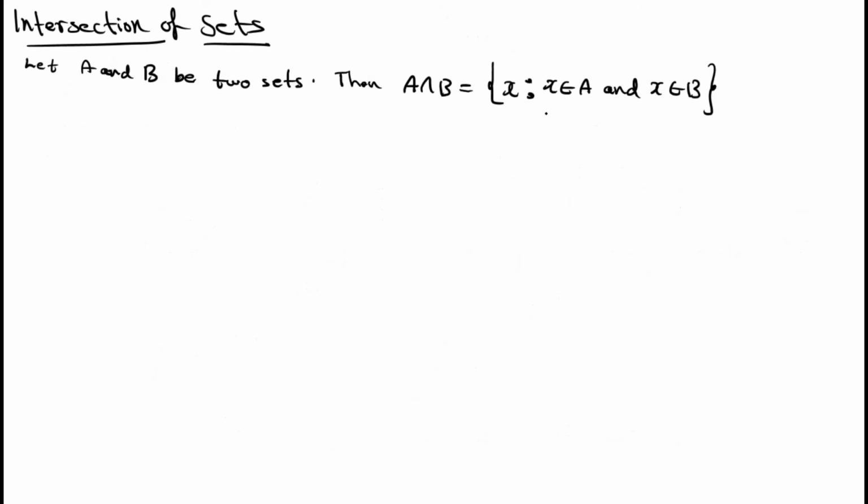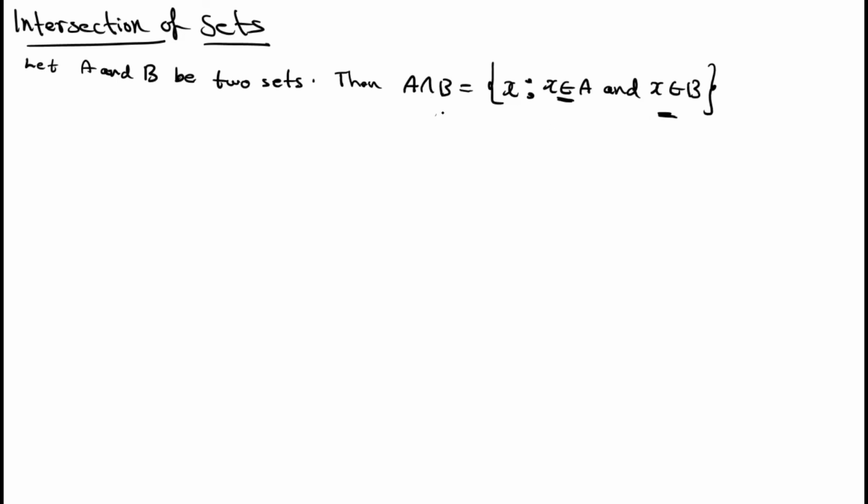Okay, then A intersection B is equal to the set of all x such that x belongs to A and x belongs to B. Okay, intersection of two sets is nothing but you need to write the common elements in A and B. Okay, x belongs to A, that element belongs to A, and that element belongs to B. You need to write the element which belongs to both A and B. Okay, that is called intersection of two sets.